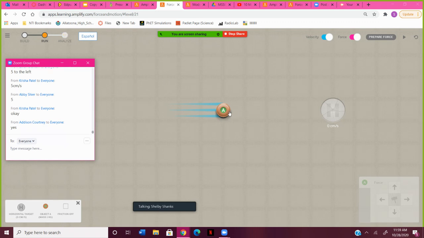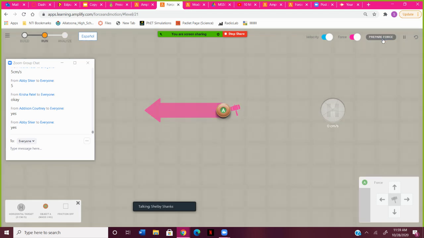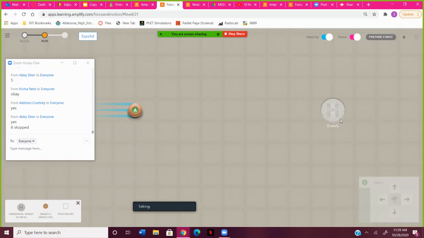If we press this arrow 5 times to the left, do we think that it's going to stop right here in this spot? All right, let's go ahead and see. What did it do? It stopped, right? So it did not get to our target just yet. So what do you guys think that we need to do in order to get it to stop in our target?